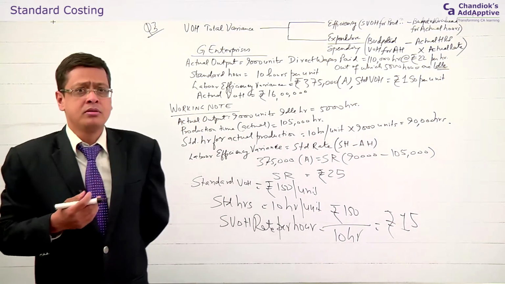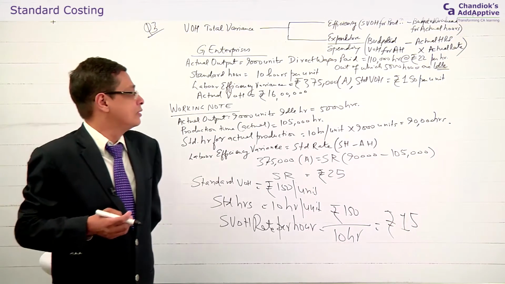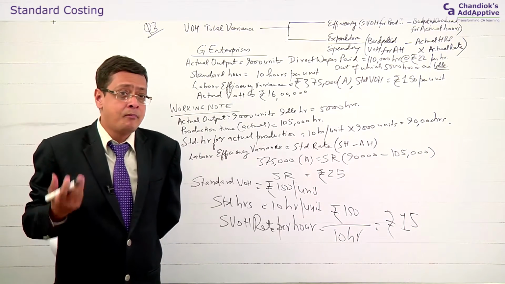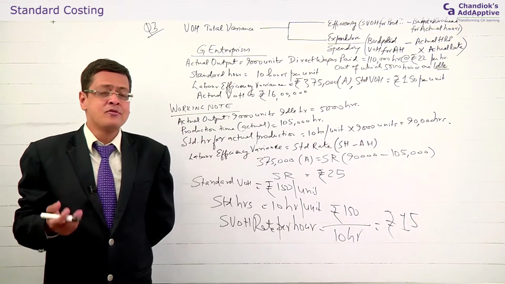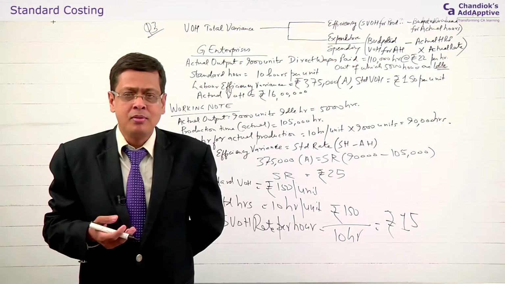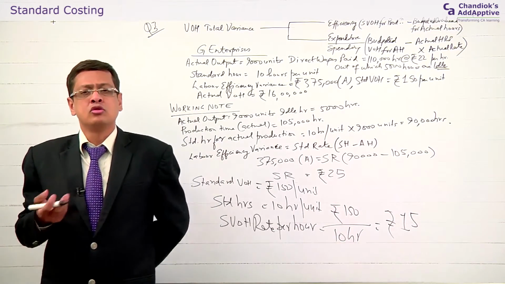So with this input, now we are going to calculate the relevant points relating to variable overhead. Therefore, I am going to rub the board and give the solution to you.